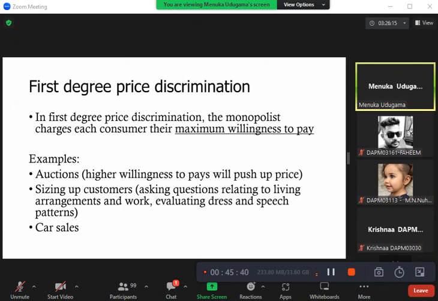You take the bid up because people are willing to pay that price. Same quantity, same good, people are paying more. So that's discrimination, isn't it? So you can capture the highest amount that they are willing to pay.